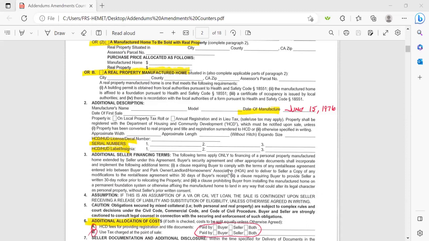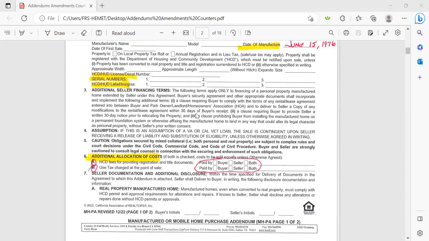However, it's kind of a pain to find them that way, and that is wherever the water goes into the home when it's on its foundation. It's usually up underneath inside there. However, it doesn't give you much room to get that information out. Sometimes you have to go all the way under the mobile to get it, but hopefully one of these other numbers will come up so you don't have to mess around with that. Okay.